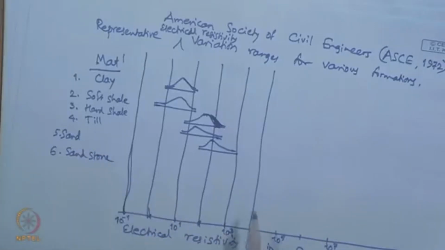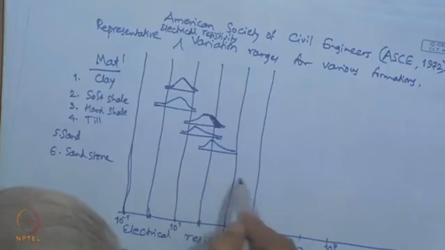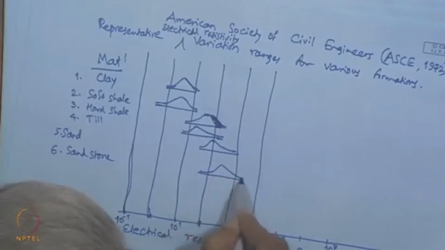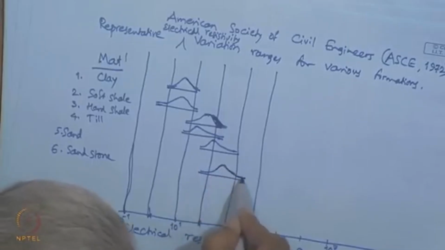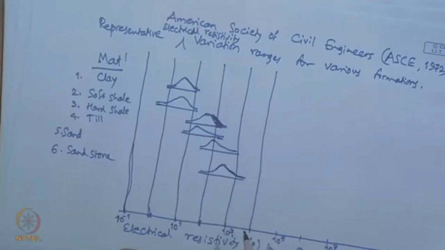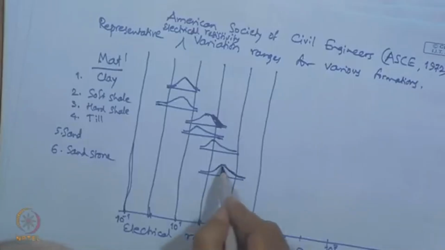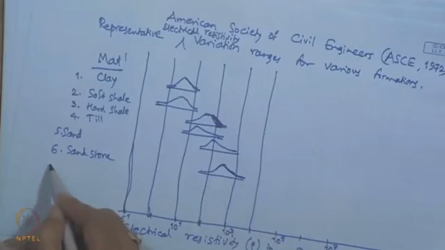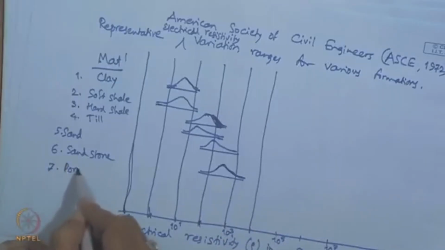Sandstone shows even higher electrical resistivity, almost a symmetrical variation with the mode lying between 10 to the power 2 and 10 to the power 3, followed by porous limestone.